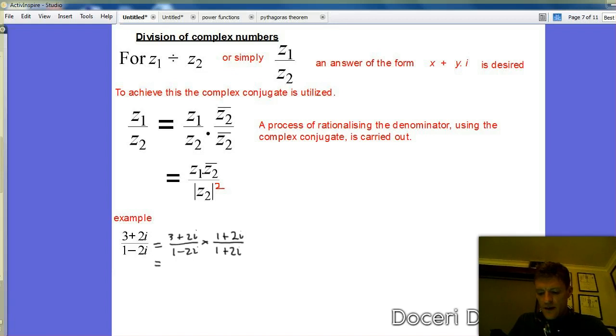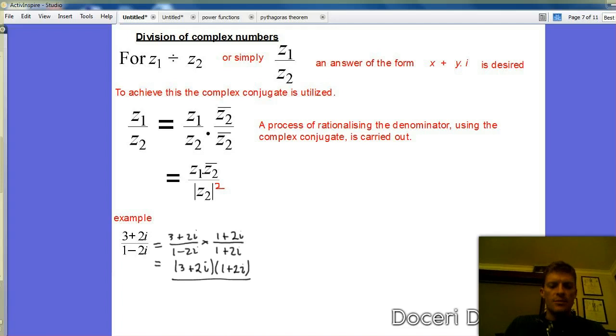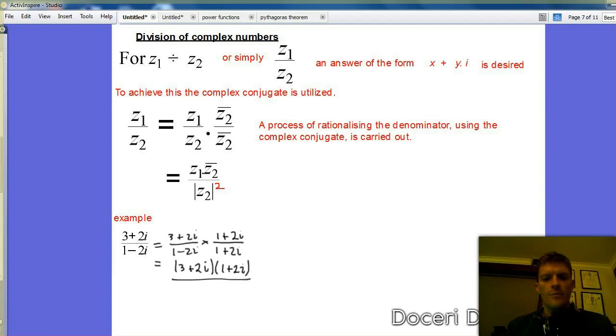So from that we have a double bracket type problem in the numerator there, 3 plus 2i multiplied by 1 plus 2i. And in the denominator, again, it's a double bracket type expansion, but if we notice, it's the same type of number but opposite signs.